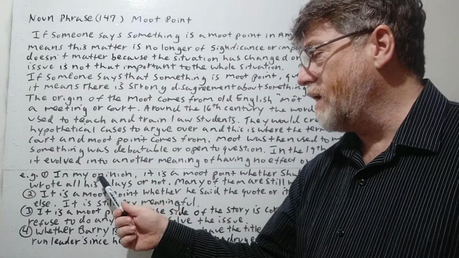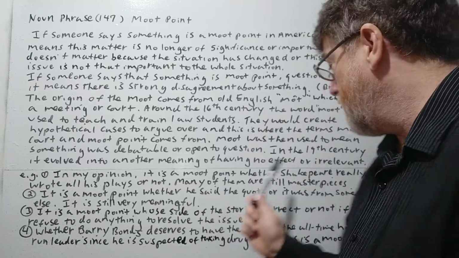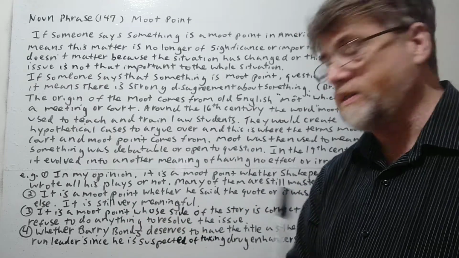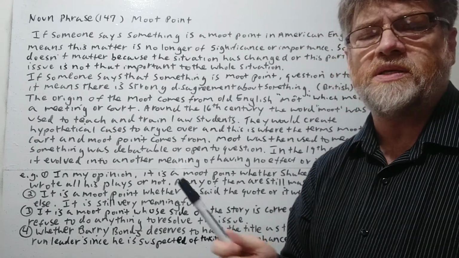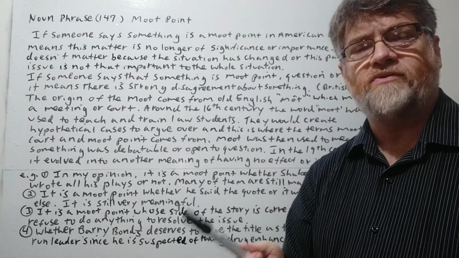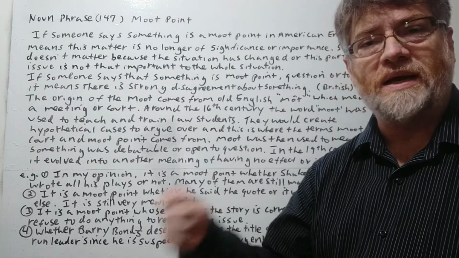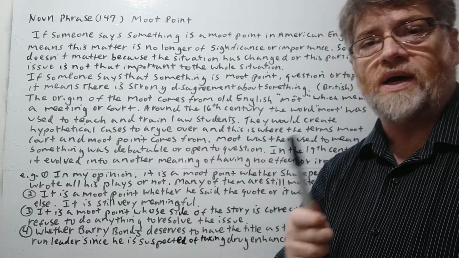Example number one. In my opinion, it is a moot point whether Shakespeare really wrote all his plays or not. Many of them are still masterpieces. Yeah, I remember this a few years ago. There's a controversy of whether he wrote it or he was like a front man for somebody else, maybe somebody in royalty that really wrote it.